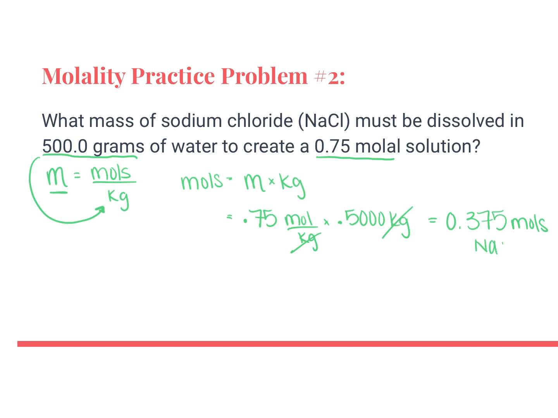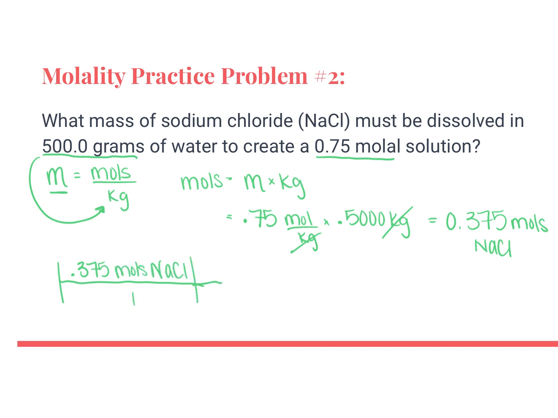And in this case, it's moles of the sodium chloride. And then if we read the word problem, does it want your answer in moles? Okay. What does your answer need to be in? Grams. So what mass means what grams? So now we just are going to take our moles and convert them to grams. Okay. So we know there's going to be 0.375 moles of NaCl in this solution.